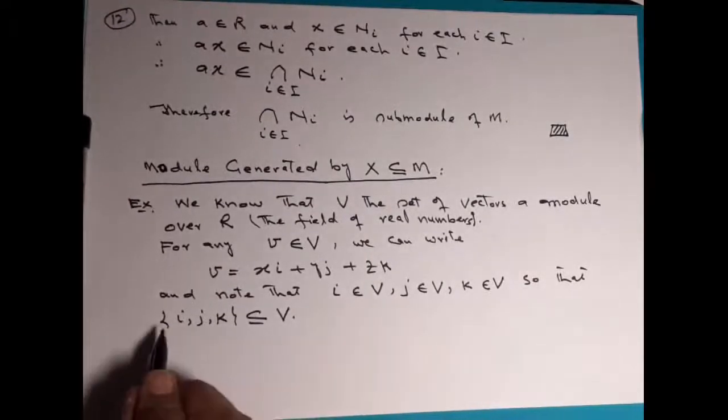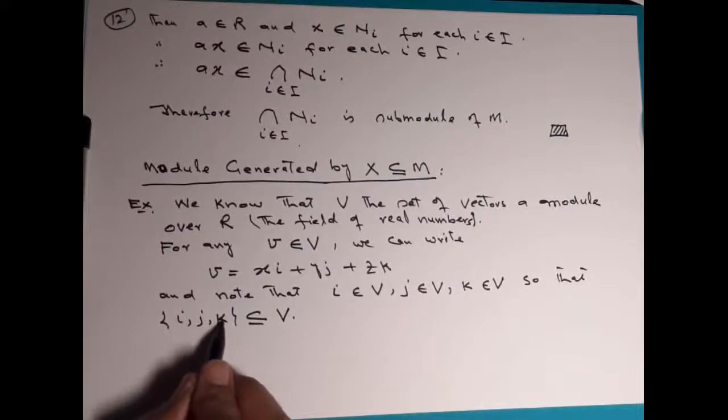Every vector of V can be written as a linear combination of i, j and k.